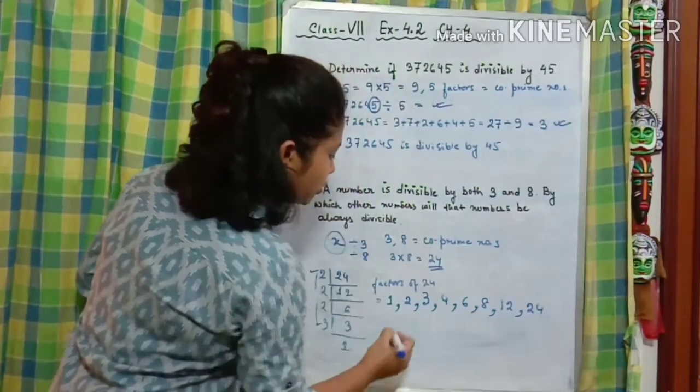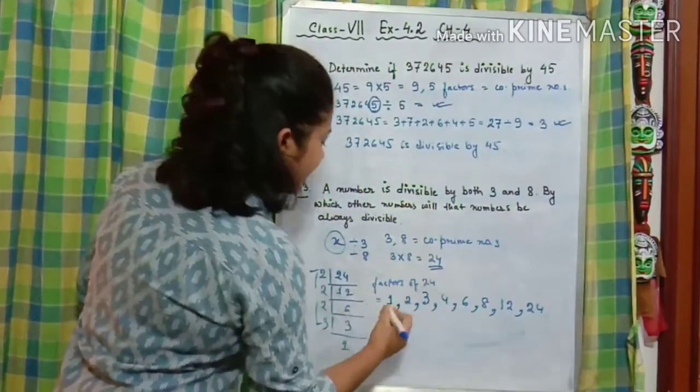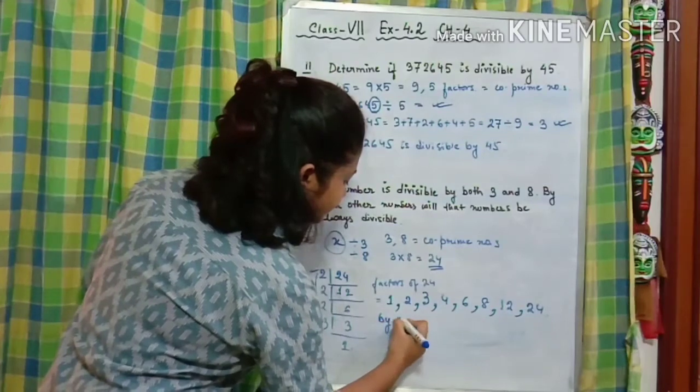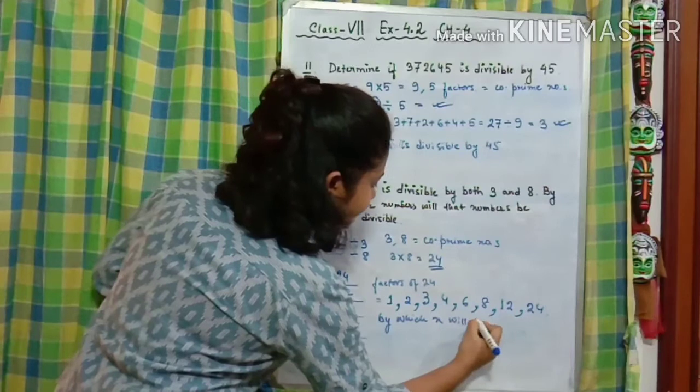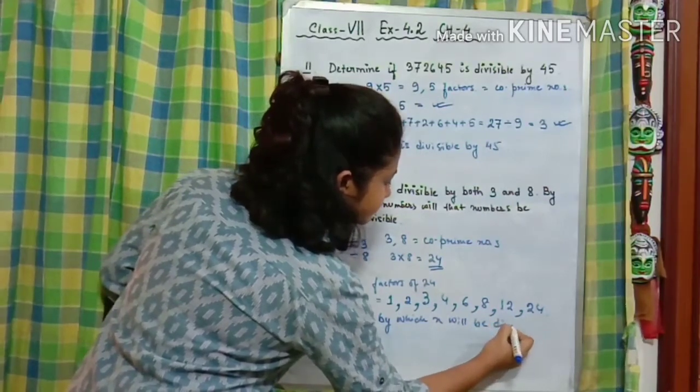So the factors are 1, 2, 3, 4, 6, 8, 12 and 24. These are the numbers by which x will be divisible.